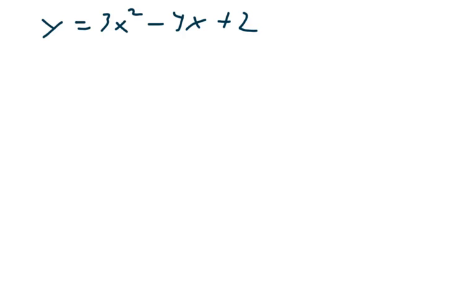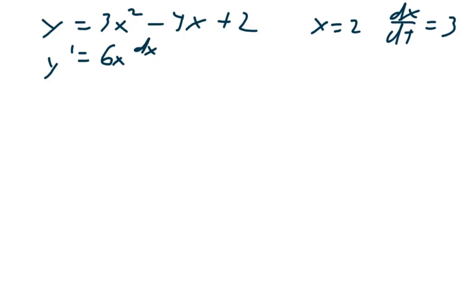Alright, in our related rate problems, we are taking derivatives with respect to t here. So y prime equals 6x dx dt. And actually I shouldn't make this y prime, I should make it dy dt. Minus 4 dx dt.